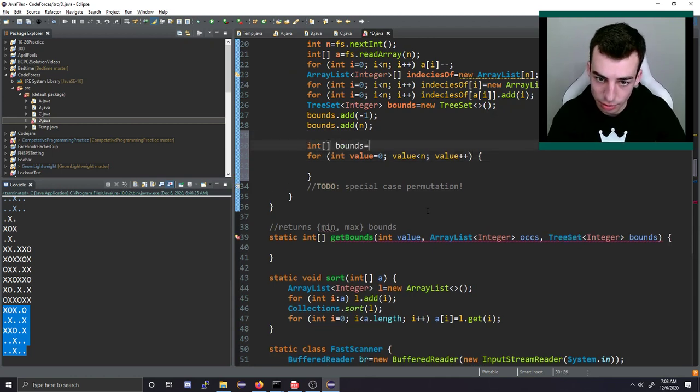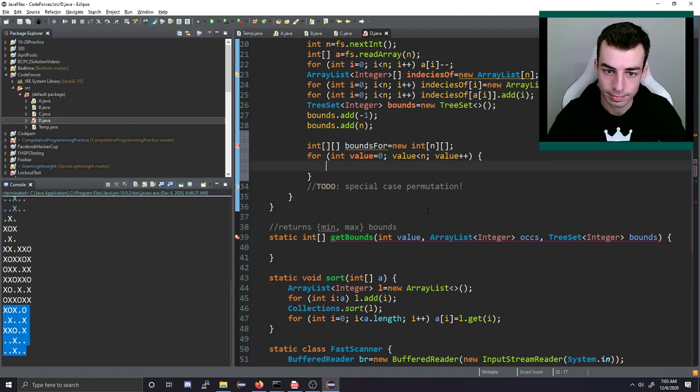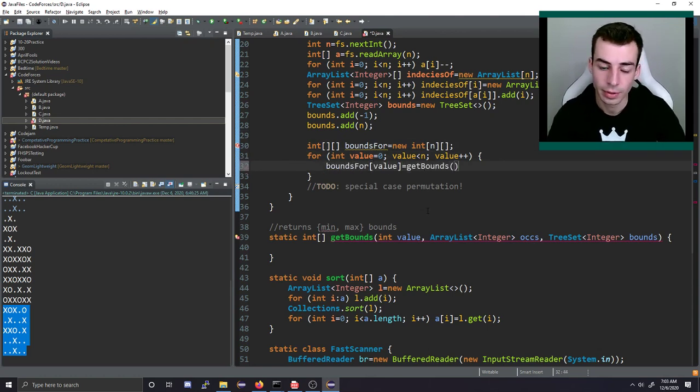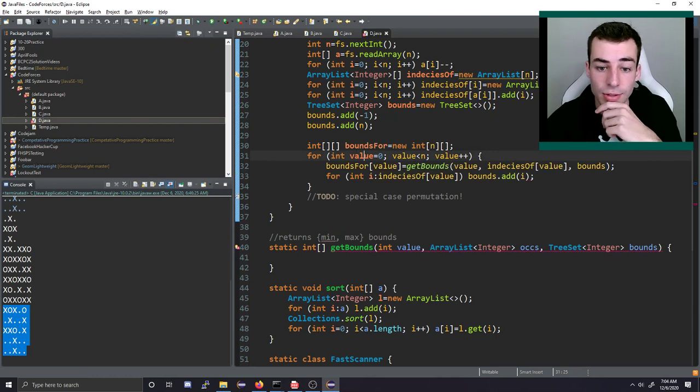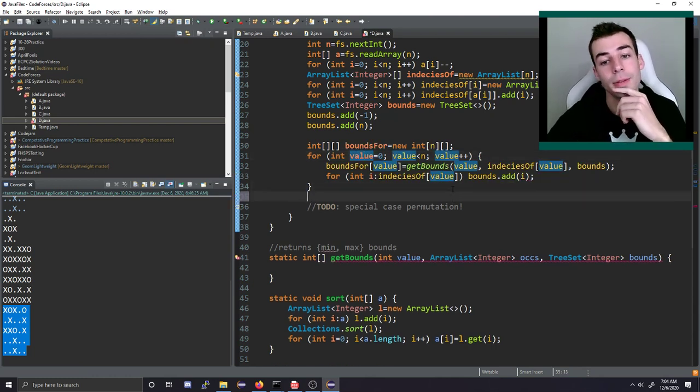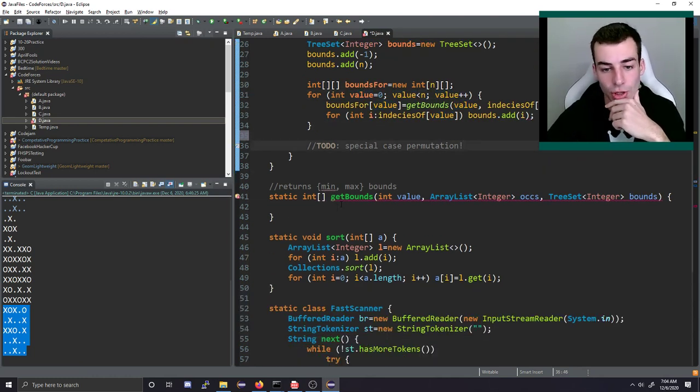Int array bounds equals, the value would be the value, then we have indices of the value, and then bounds. Add all the indices to the future bounds. Okay, so then special case permutation, we'll do that in a minute.